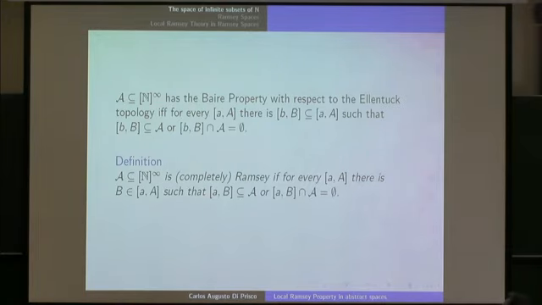If we strengthen this a little bit, we get the Ramsey property. A subset of our space is Ramsey, actually this was originally called completely Ramsey, if for every basic set there is another one, obtained only by shrinking the infinite part of the basic set, which is contained in our collection or is disjoint from it.